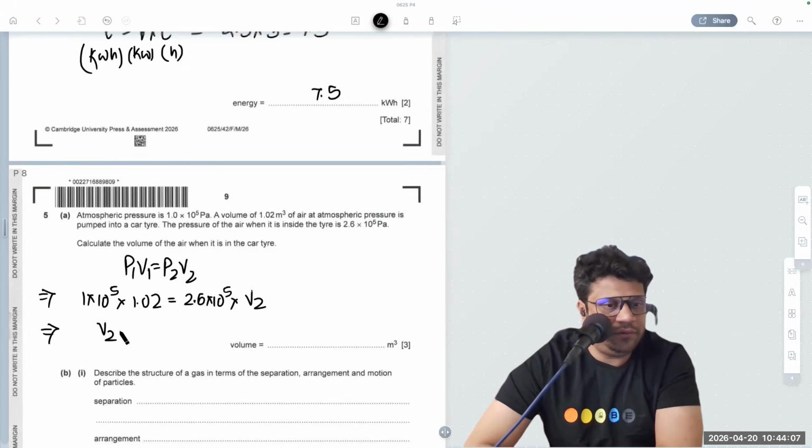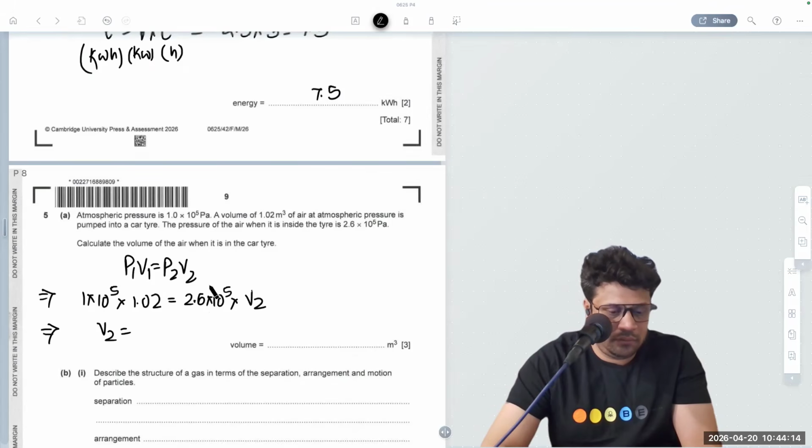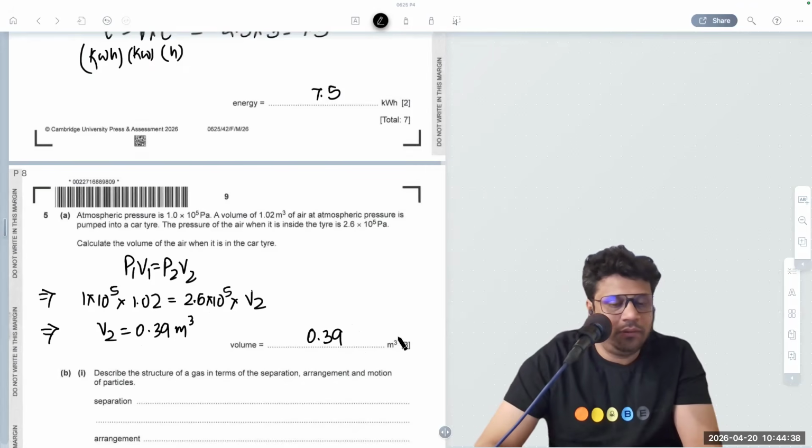And V2 here will come out to be 0.39 meter cube.